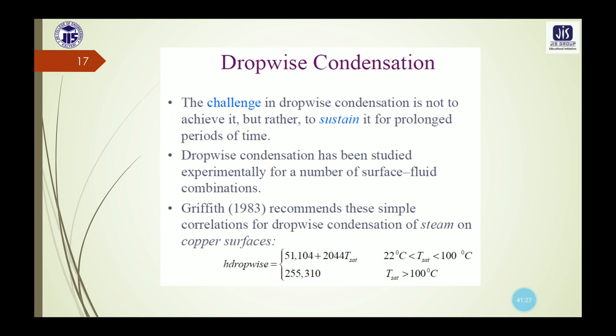Now this dropwise condensation can be obtained under controlled conditions with the help of certain additives to the condensate and various surface coatings. But the commercial viability has not yet been approved. So for this reason, the condensing equipment in use is designed on the basis of film condensation.